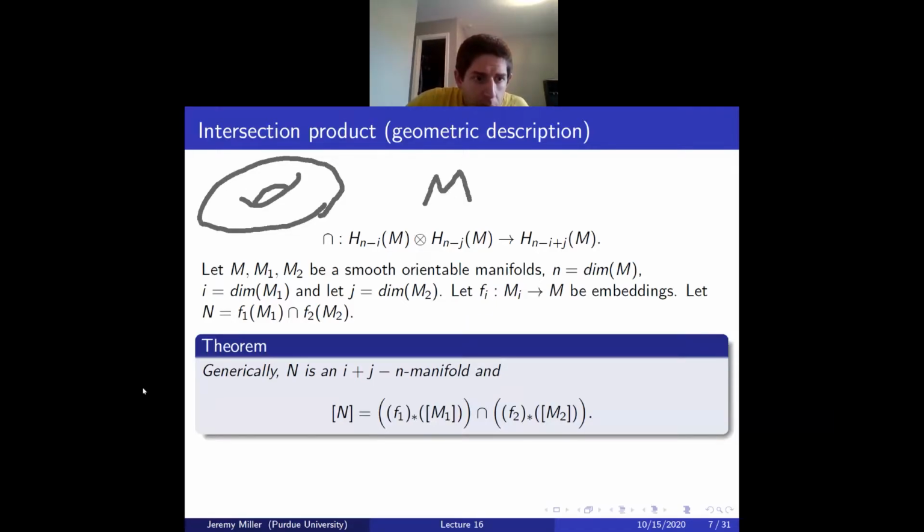We have M. In green, we have M1, which is this loop. It goes around the back too. And then we have M2 in red.